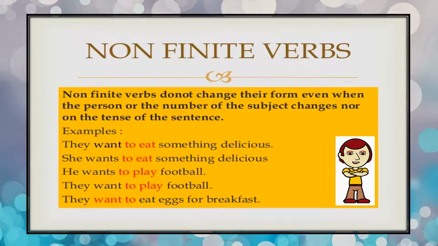Again, she is singular but the verb to eat stays the same. He wants to play football. They want to play football. They want to eat eggs for breakfast. So here we can see that non-finite verbs do not change their form even when the person or the number of the subject changes, or the tense of the sentence.